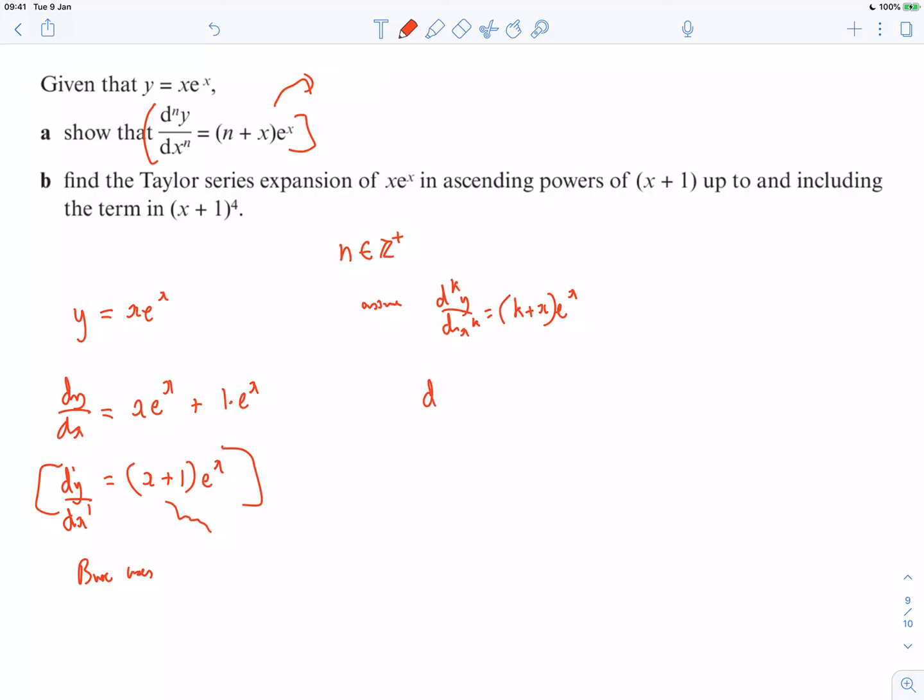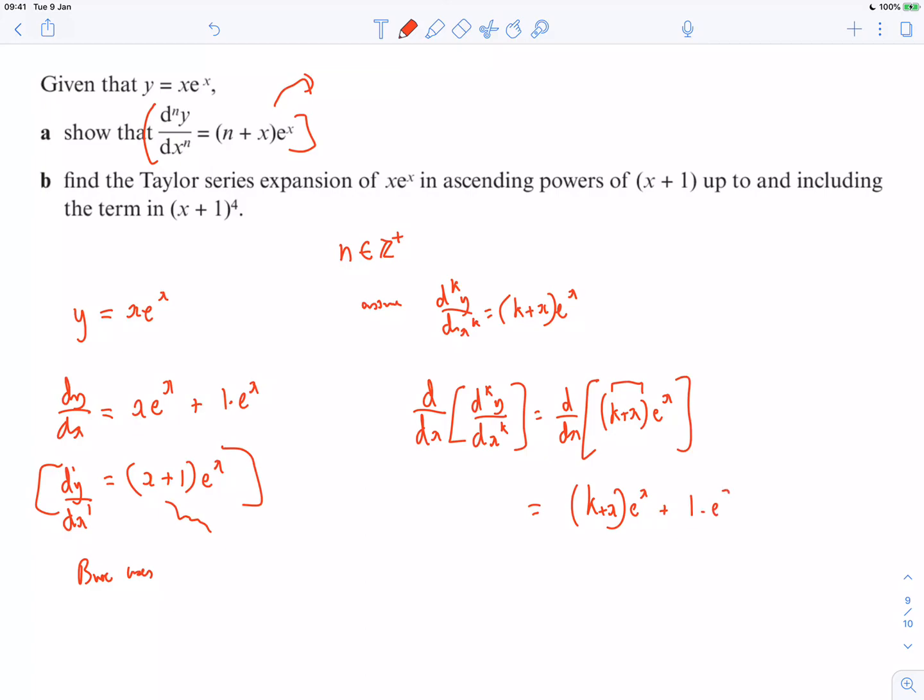Then let's try and find the next case, which is when we differentiate once more. So we're going to differentiate d^k y over dx^k, which means we need to differentiate k plus x times e to the x. That's quite easy, because we leave k plus x alone and differentiate e to the x by the product rule, plus differentiate k plus x, which is just 1, and then leave the e to the x alone.